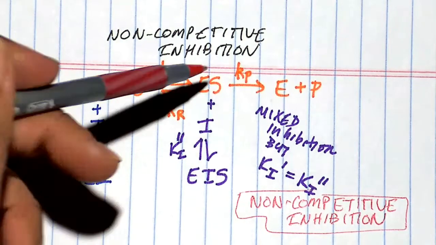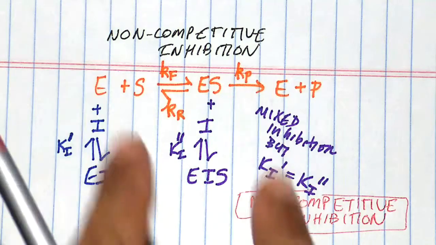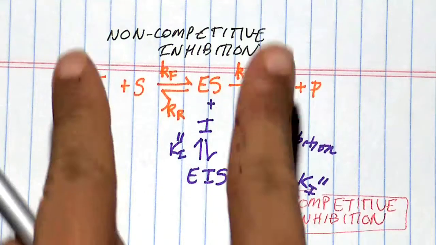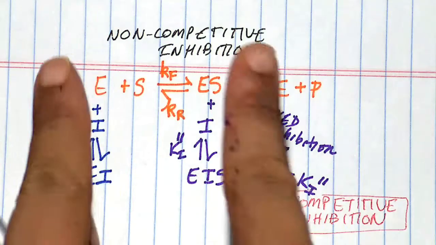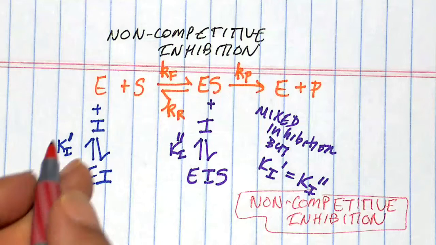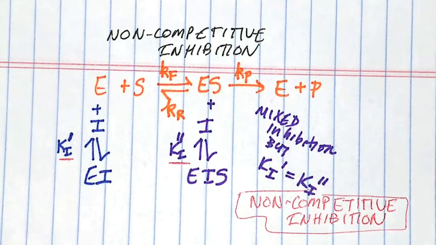So if we keep these dissociation constants the same, then the competitive quality cancels out the uncompetitive quality. But if one is greater than the other, then the inhibitor has more competitive qualities than uncompetitive qualities, and vice versa. So all of this really relies upon Ki prime and Ki double prime, that dissociation constant.